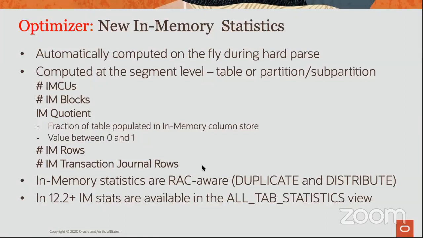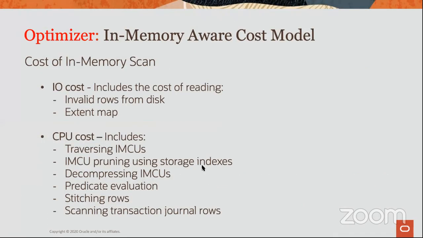In addition to that, if you're in a RAC environment, it understands some of the options associated with Database In-Memory in RAC, duplicate and distribute. And so it gets a pretty good picture of the cost of accessing that data from either the row store or the column store. It takes into account I/O cost and CPU cost.